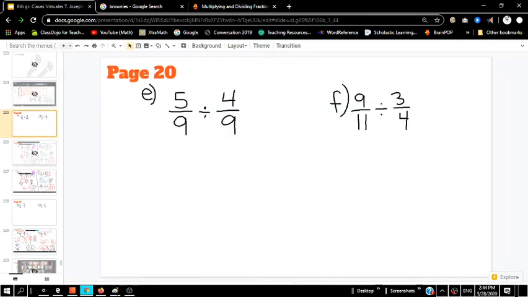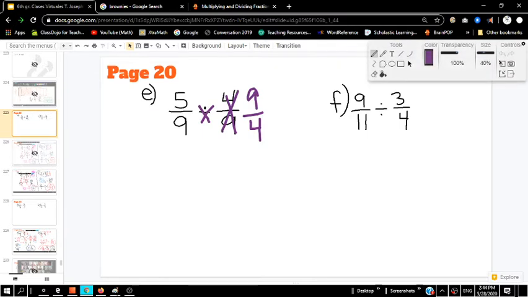Yep, okay. So 5 times 9 is a pretty big number, so what I'm going to do is just simplify these, just like we've been doing before. I see that there's a 9 right here and a 9 right here, so I can divide both by 9. Divide 9 by 9, and that equals 1. And then divide 9 by 9 again, and that gives me 1 as well.